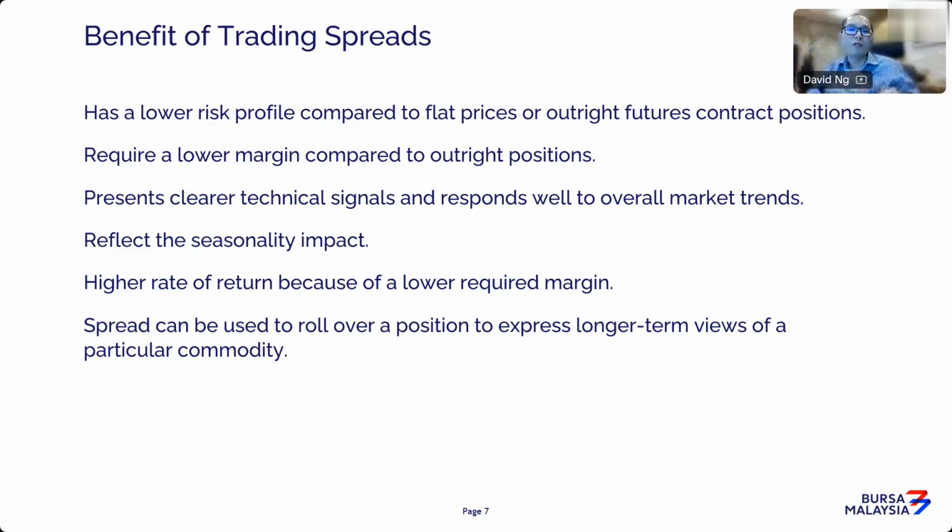So if you have the view that the fundamentals of the market are going to behave in such a way, you can position your spread accordingly. What you'll be doing is selling the June or July contract, and buying the December or January contract, which I'm going to share a little more on later on, on how we do this. But importantly, because of this seasonality impact, spread trading can help you capture such opportunities in the market.